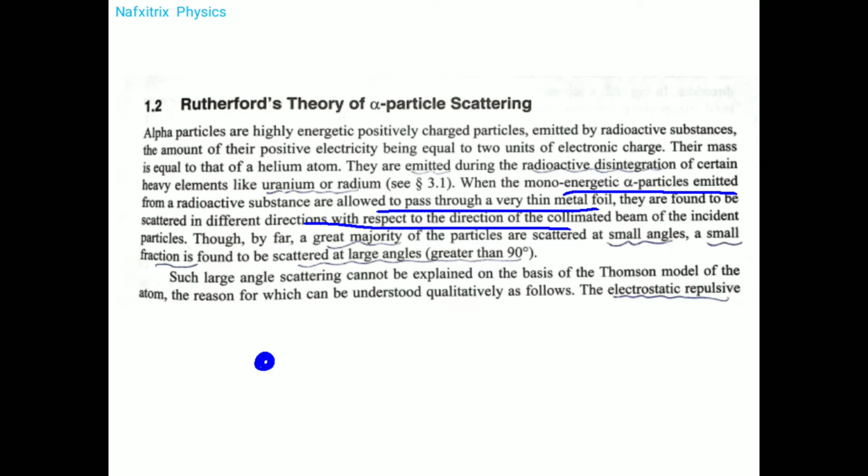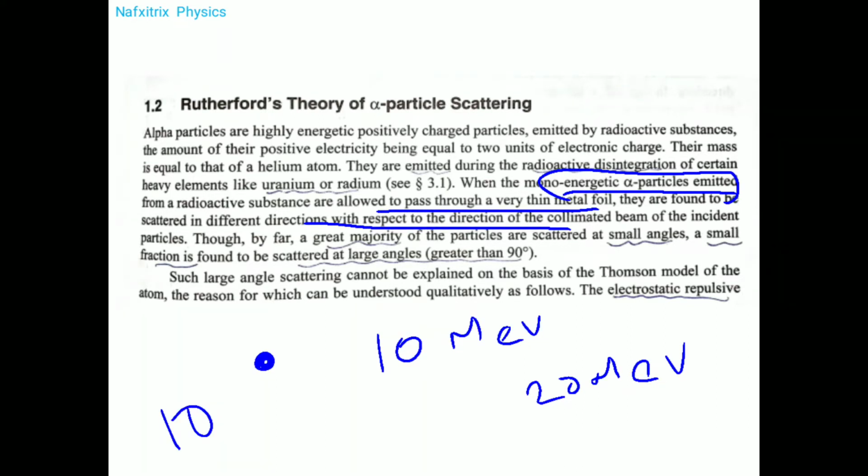Here they are saying mono energetic alpha particles are emitted. So we have to take single energetic, that means alpha particles of a particular energy. It might be some 10 million electron volts or 20 million electron volts, something like that. But it has to be mono energetic, not varying from 10 to 15 or 10 to 20, but a particular energy.